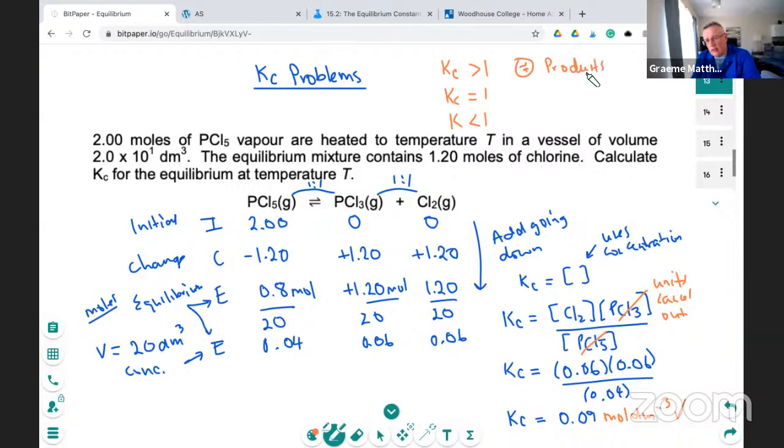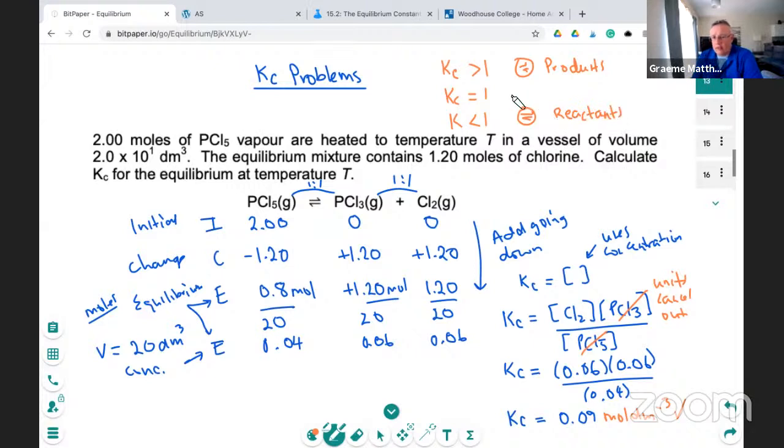If Kc is less than 1, then the concentration of products must be smaller than the concentration of the reactants, and therefore the equilibrium position must favor reactants.